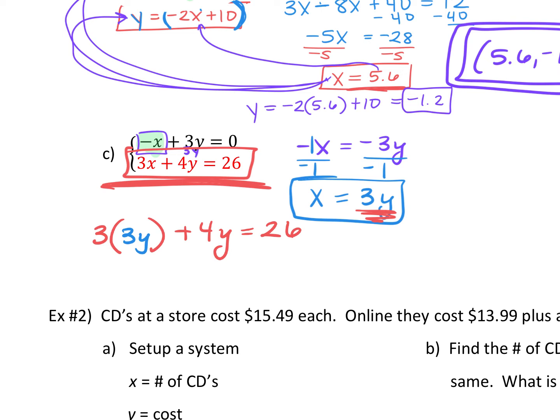What's 3 times 3y? 9y. So this is 9y plus 4y equals 26. So 13y equals 26. And then divide by 13. So our y value will be 2.